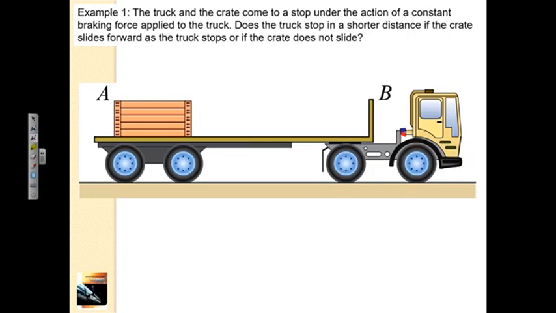If this crate is sliding relative to the truck, there's some internal work, right? There's some friction happening as this crate slides over this 20 feet in this drawing, right? So as that crate is sliding, that's friction, and it's stealing work from the system. So if this friction is stealing energy from the system, hey, that's just helping us out.